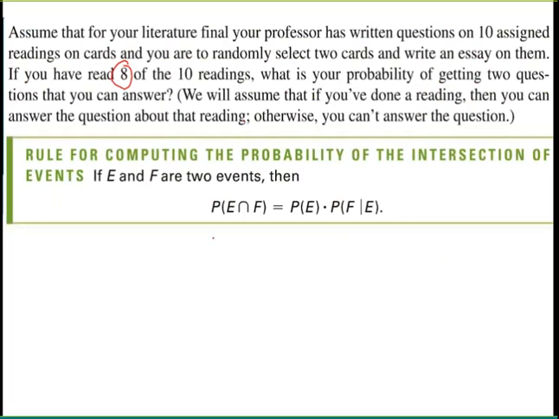So here we're computing the probability of the intersection of the events. If E and F are the 2 events, then we can use this intersection. So what's the intersection here? It's basically using the formula that we just had a moment ago, which is the probability of F given E, and then you multiply the probability of the bottom to both sides, and that'll give you the intersection of them happening.